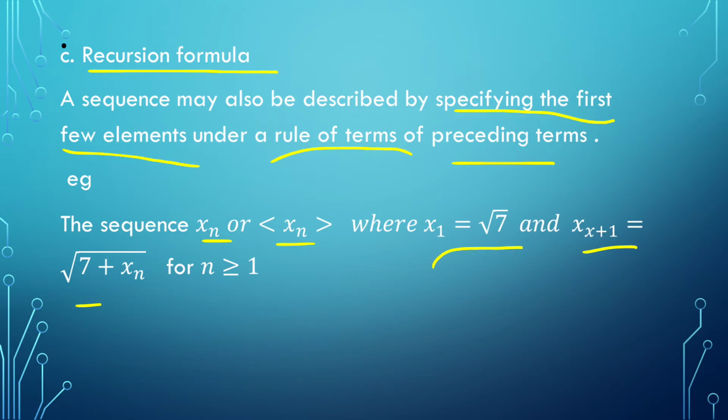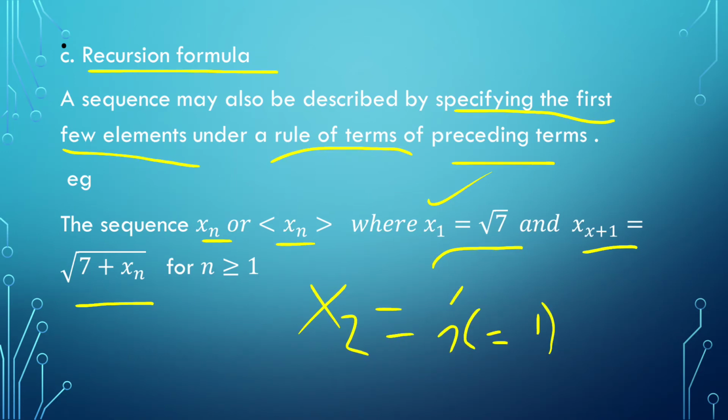being given by this, it will imply that every time, x1 is already here, so if you want to get x2, we'll get it when n is equal to 1.